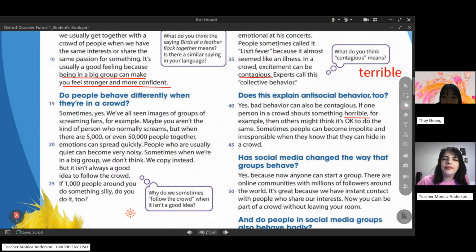Contagious. Okay, contagious. What is the meaning of contagious? Do you know the meaning of it?